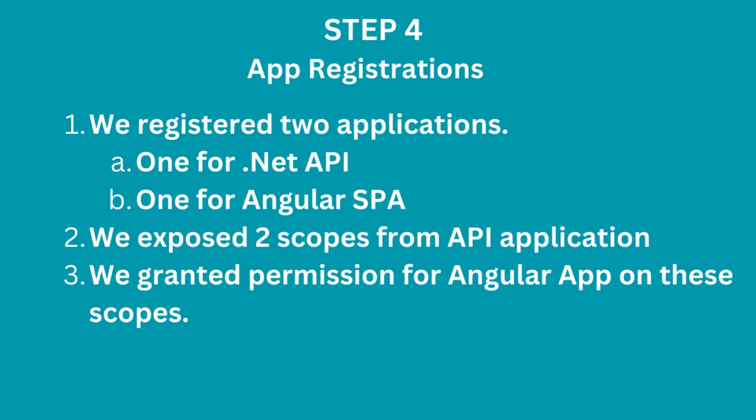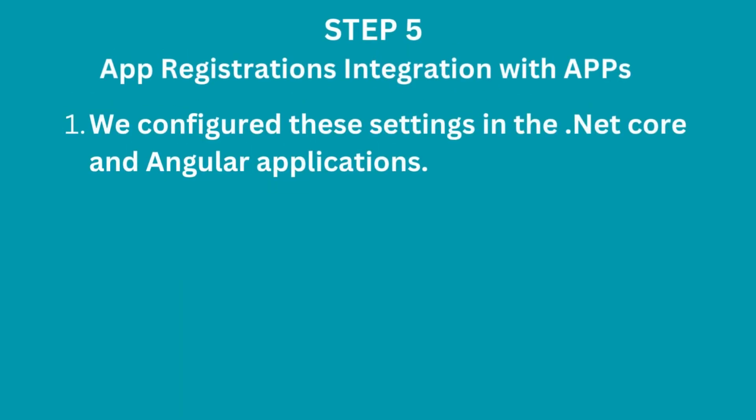And then in the SPA application, we consumed those two exposed APIs. Basically, we are saying the SPA application now has rights to talk to the web API with these two scopes. That's what it means. After we did that, we configured those details in the .NET Core Web API application and in the Angular SPA application, and then we saw the demo of how it works.